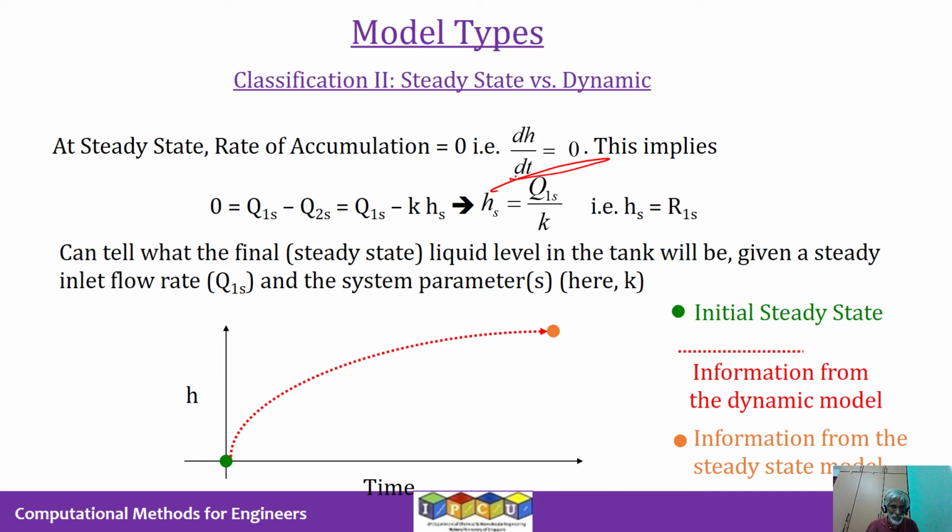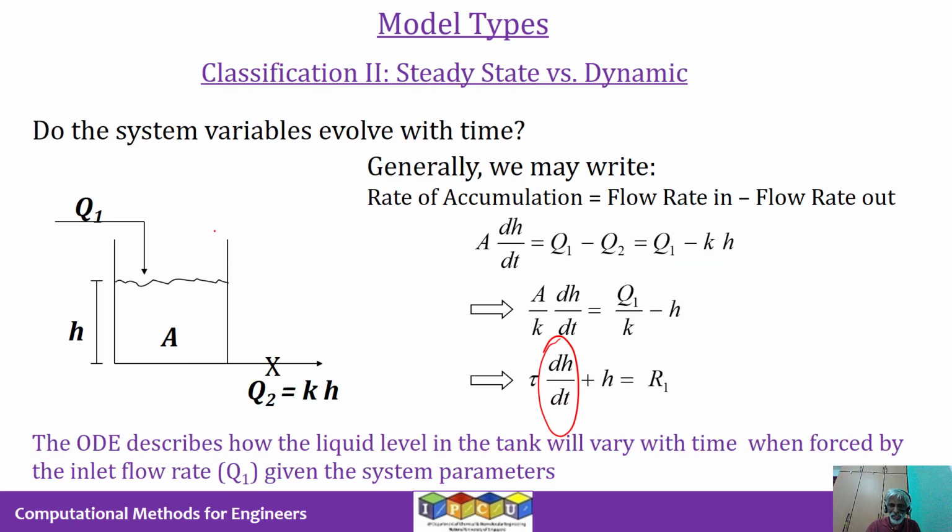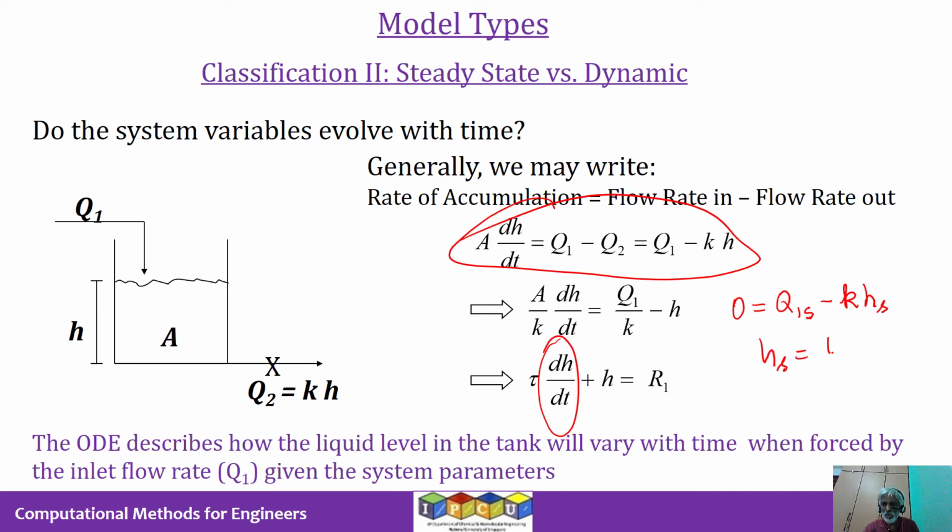Therefore, in this equation I can write dH by dt is 0, so 0 is equal to Q1S, where the subscript S says we are assuming steady state, this S stands for steady state, minus KHS. And therefore, I can write HS as Q1S by K.